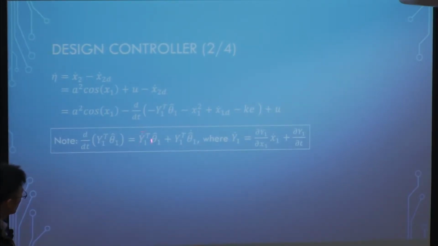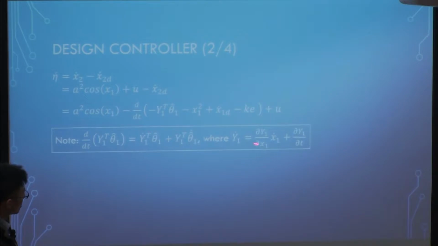Especially in this y1 dot, because y1 is a function of x1 as well as a function of time. Some of you might miss this term. Some of you might just write y1 transpose equal to this term, but forgot this term. And this term makes a big difference.